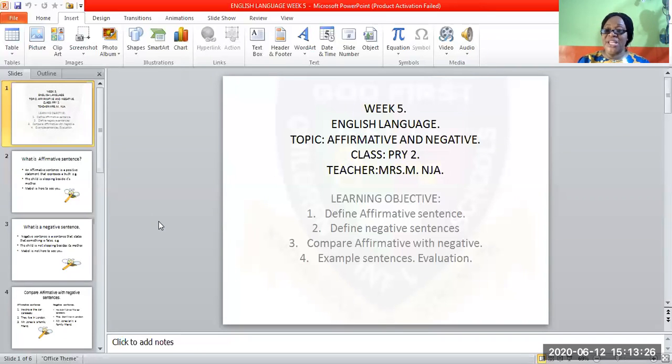Our topic for today in English language is affirmative and negative sentences. Do you understand? We should be able to define affirmative sentence and identify it in every kind of sentence. If we read it, see it, or hear it, we must identify it.